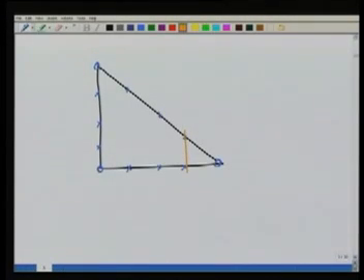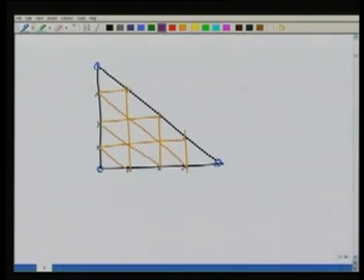We connect these points with straight lines on opposite edges. Okay. Now I do this. Then you note that in this grid I have constructed these additional internal points.